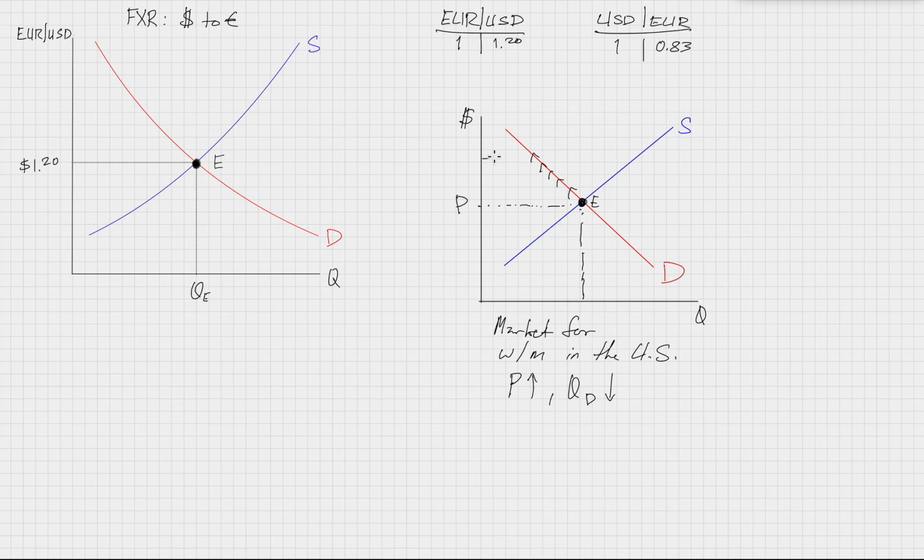Here's our new price, and here is our new quantity as opposed to our equilibrium quantity. And we have now a new equilibrium. Higher price, lower demand. So the price on U.S. made washing machines here in the United States went up, and that is a movement along the curve.